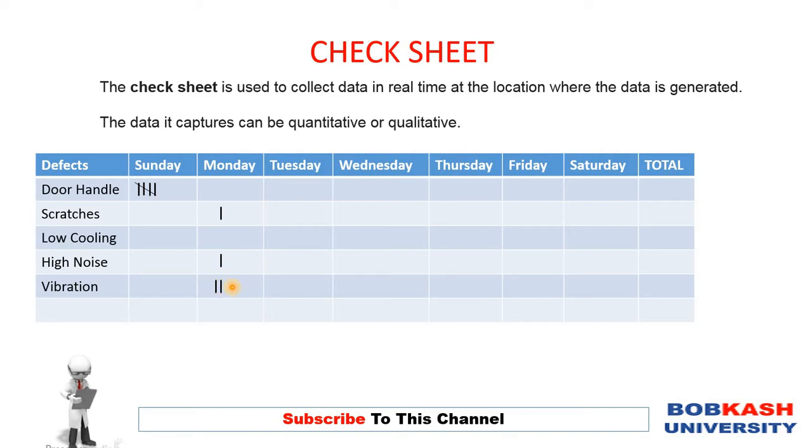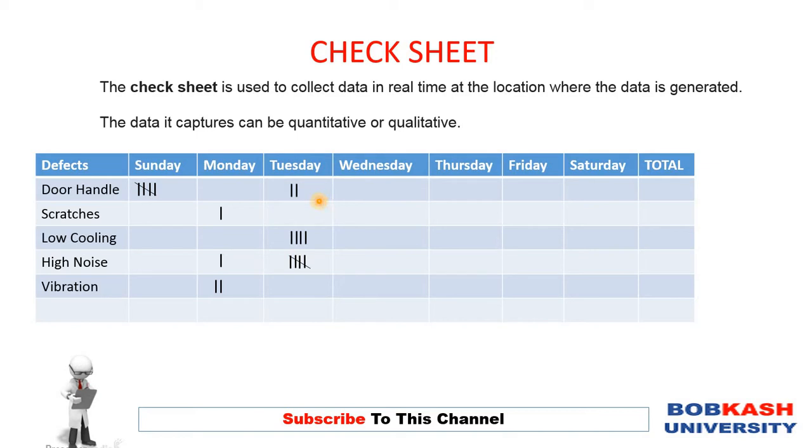There are 2 refrigerators which were found having more vibration, which is a defect. Alright, so he sees 1 scratch defect, 1 high noise defect, and 2 vibration defects.